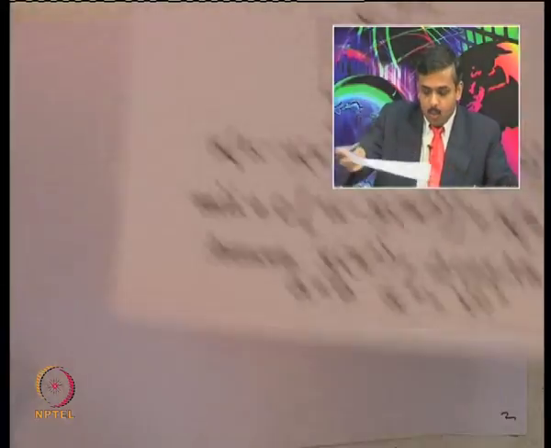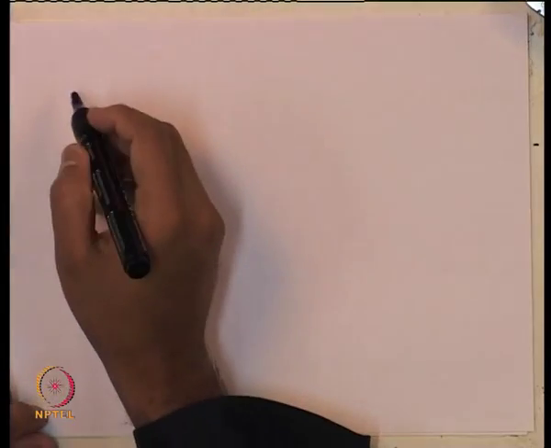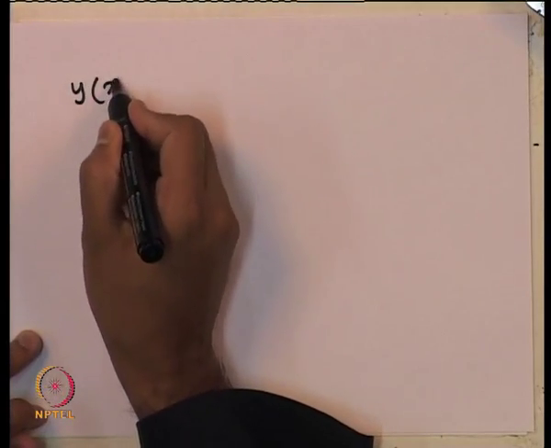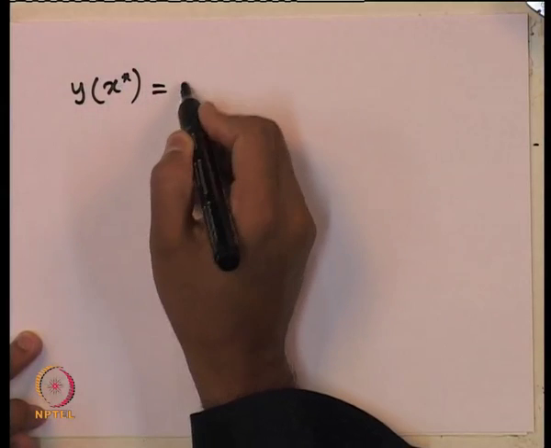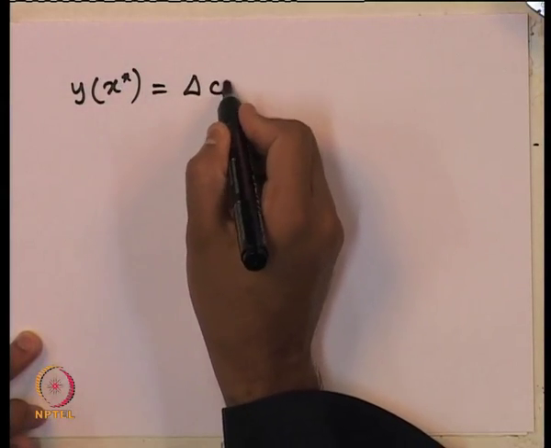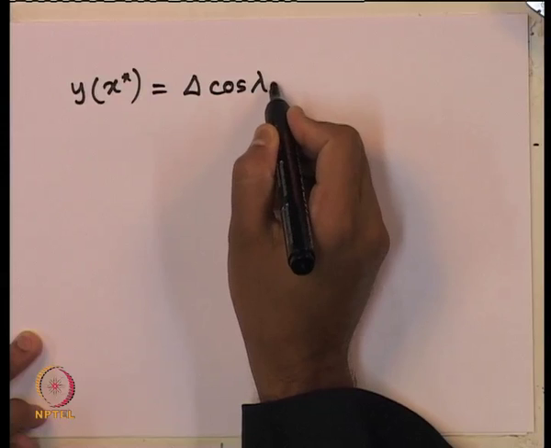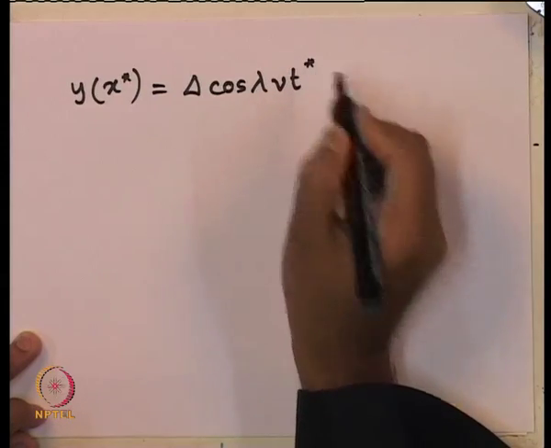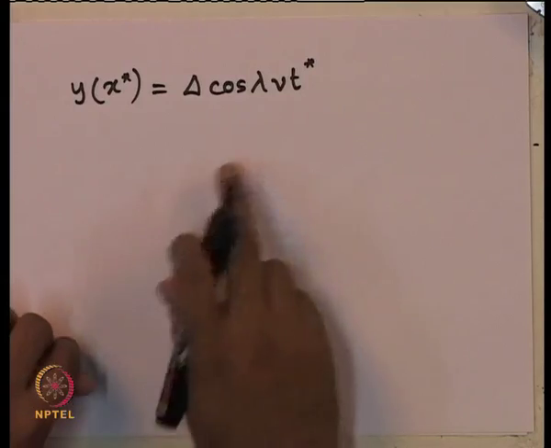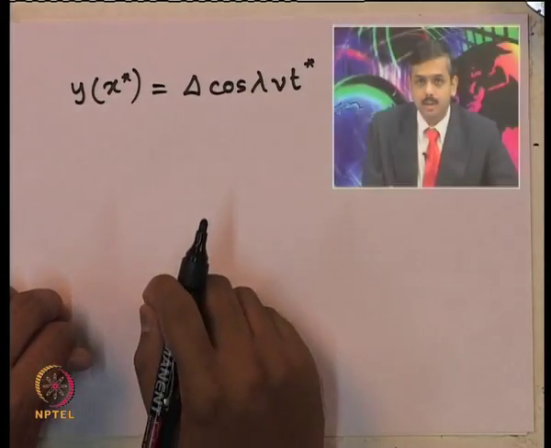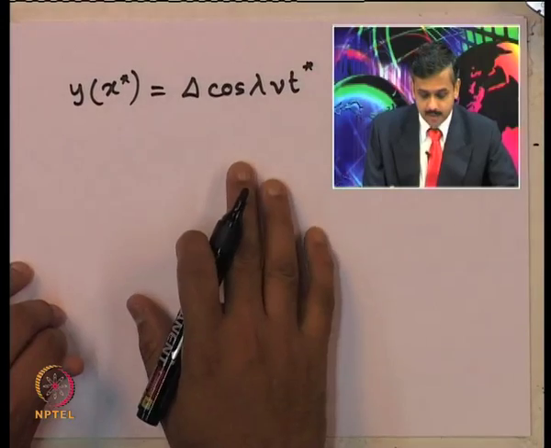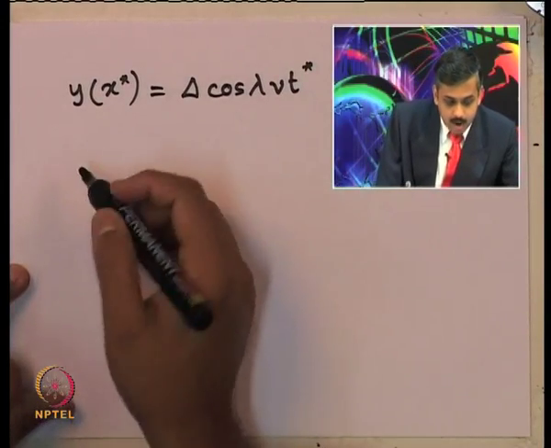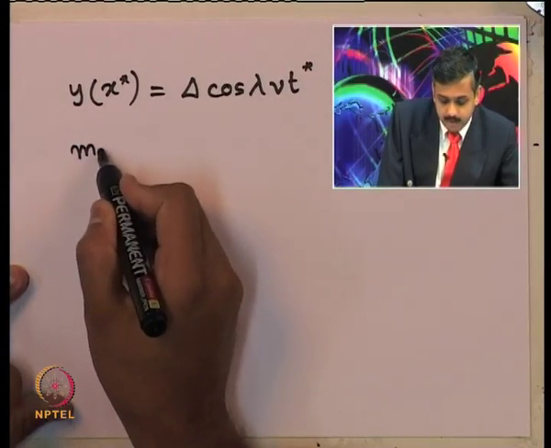So, our y of x star is given by delta cos of lambda v t star, right, when it is moving at a constant velocity. So, how is the equation of motion given?